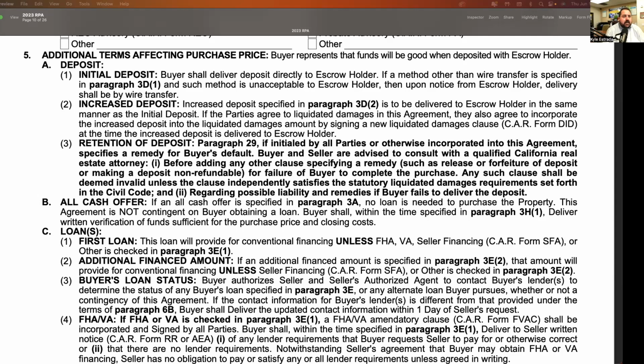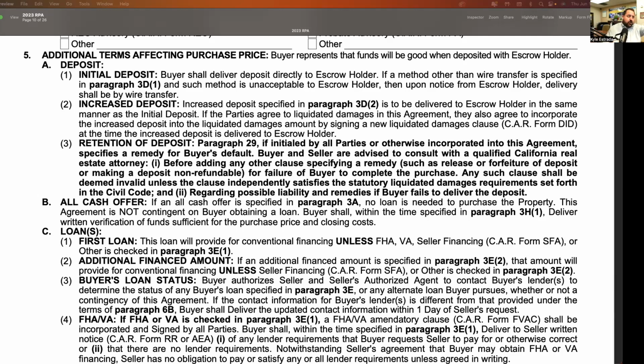Okay. Increased deposit. Increased deposit specified in paragraph 3D2 is to be delivered to escrow holder in the same manner as the initial deposit. So if I say I'm giving you a $5,000 initial deposit within 3 business days of opening escrow or of accepting the offer, and 14 days later I'm going to give you an additional $5,000 in an increased deposit because I'm getting the money from somewhere else, it also has to go in exactly the way we agreed for the initial deposit.